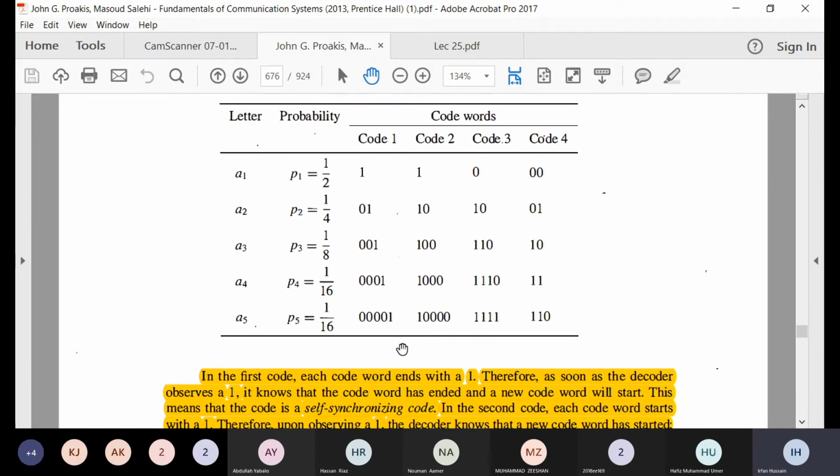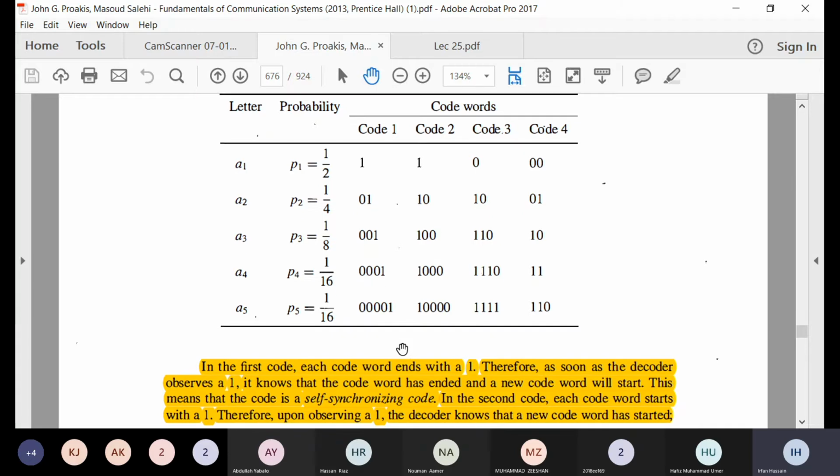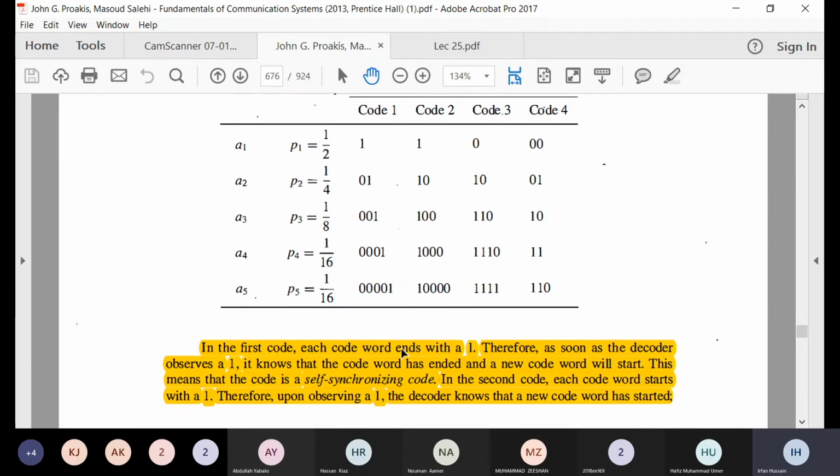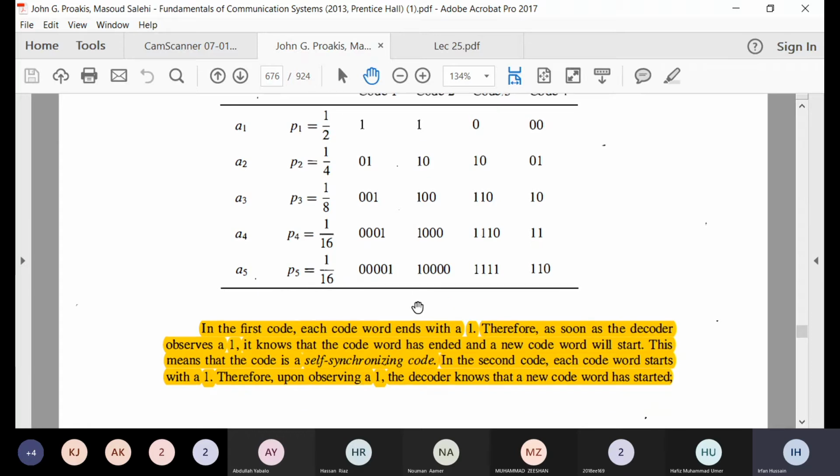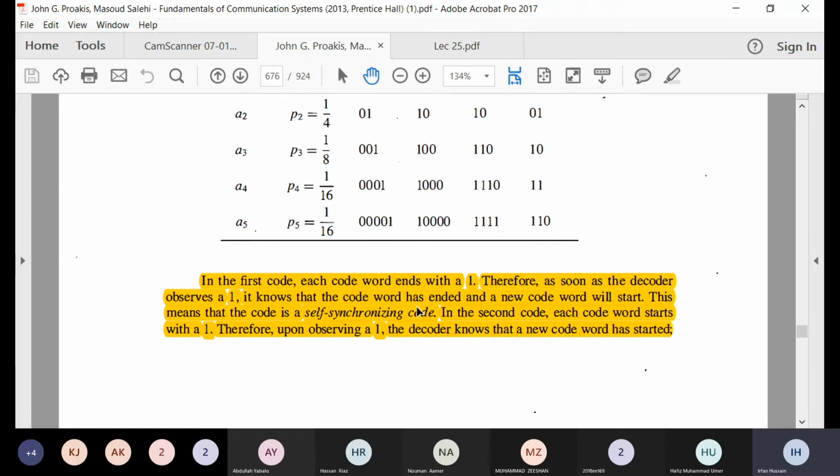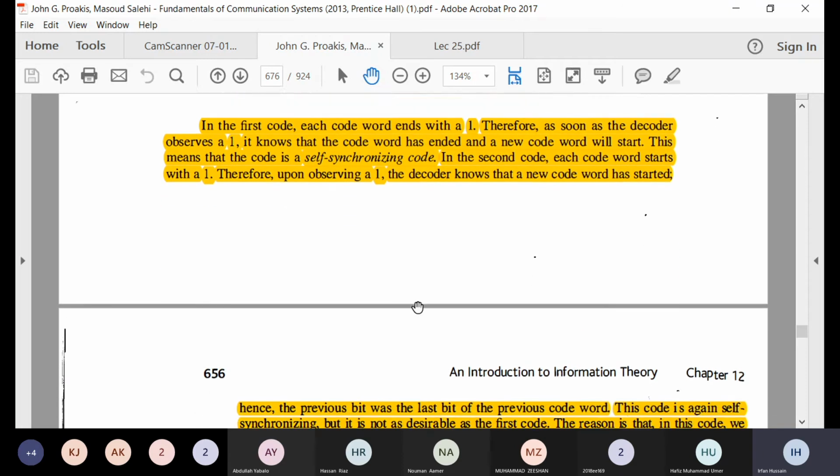So a decoder will always know that once there is a 1, a code has ended and a new code will start. This is called the famous self-synchronizing code. In the second code, all of the codes start with 1. So this is also a self-synchronizing code, because the decoder will know once a 1 is there that a new code word has started.